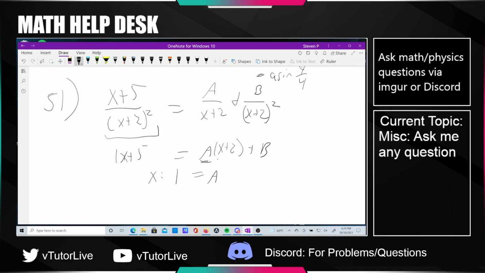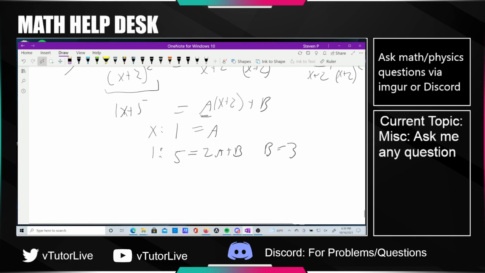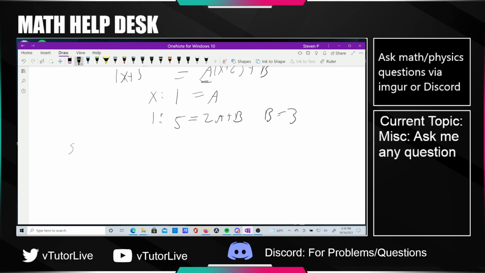Because this is the only coefficient for x. So then for the constant terms, we're getting that 5 has got to be equal to 2a plus b. So then b has got to be equal to 3. So this is equal to 1 over x plus 2 plus 3 over x plus 2 squared, right? And it's just slightly more difficult.